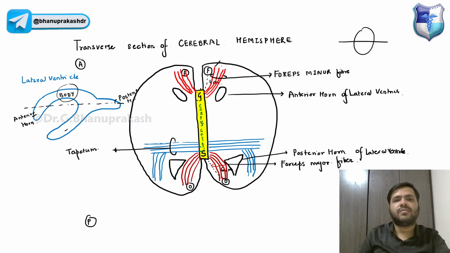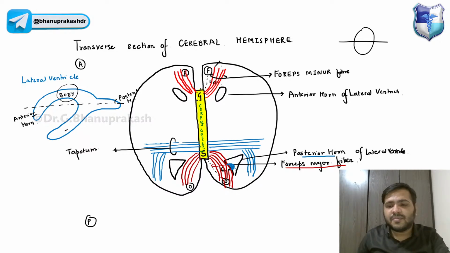Now guys, just try to see over here. When the forceps major fibers are running down from the splenium to the occipital lobe, they are producing a bulge in the medial wall of the posterior horn. They are producing an elevation over here in the posterior horn.